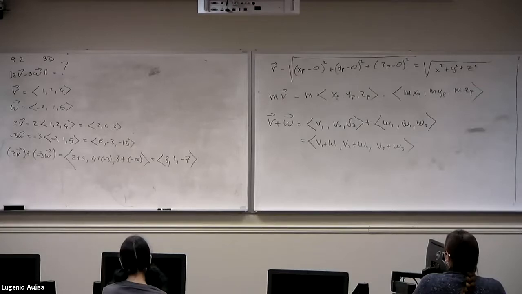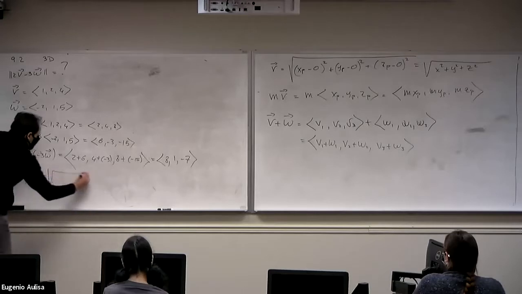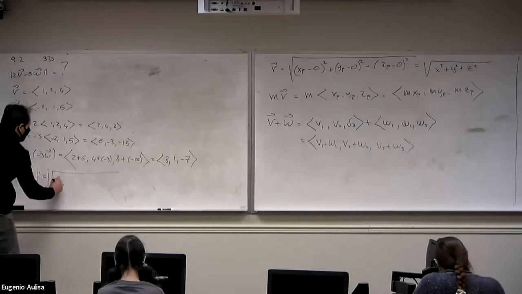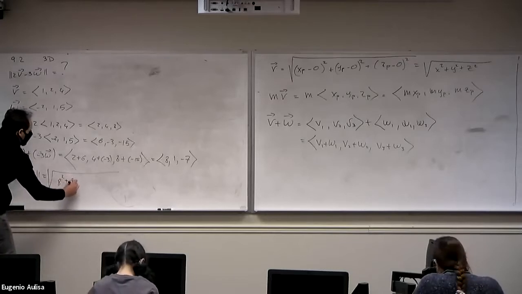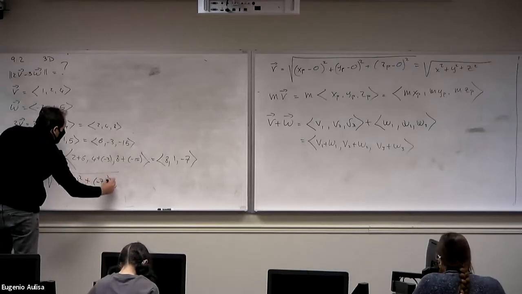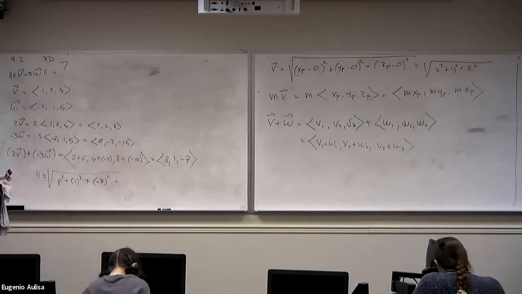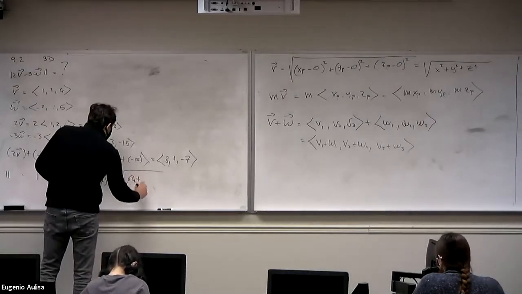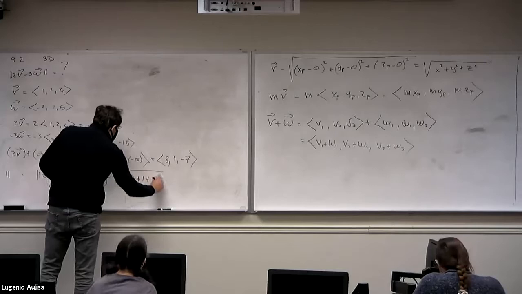And then we evaluate the length of this vector as the square root of the first component square plus the second component square plus the third component square. So this is 64 plus 1 plus 49.